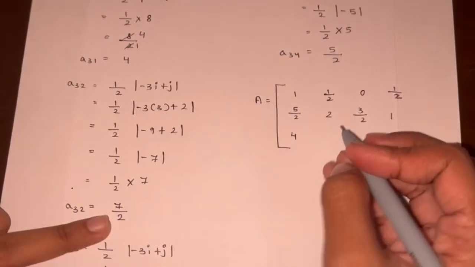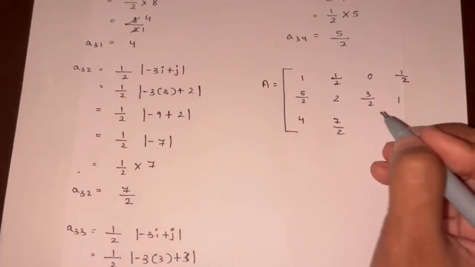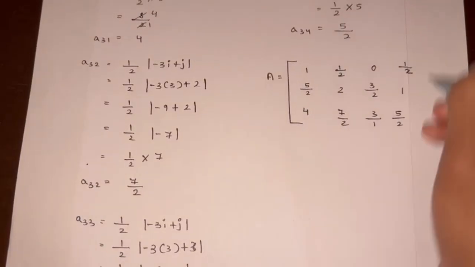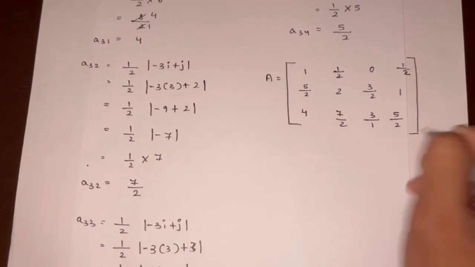We'll write down these values, 7 by 2, then 3, and 5 by 2. So here finally we are getting the A matrix.